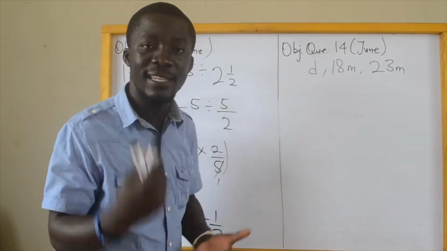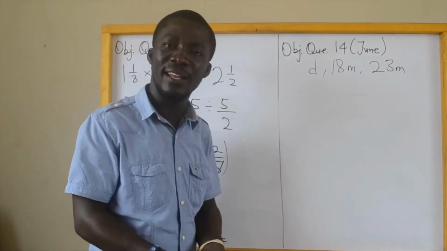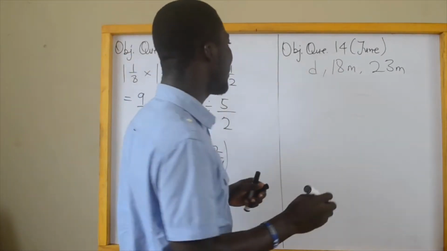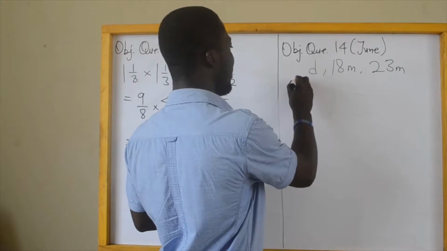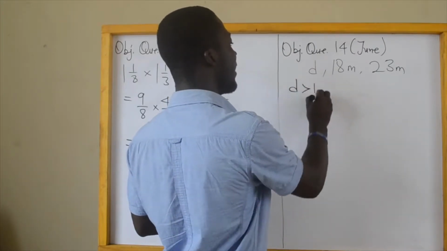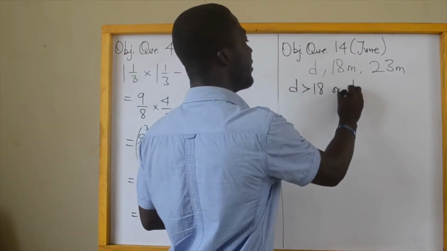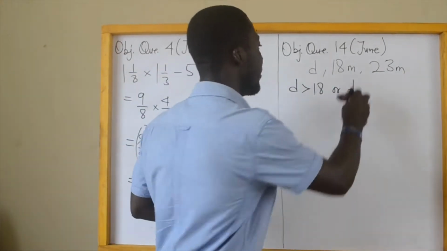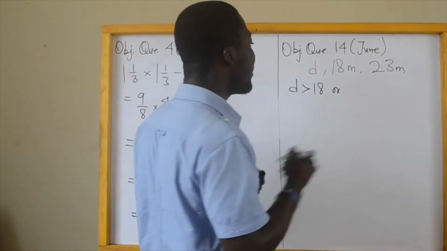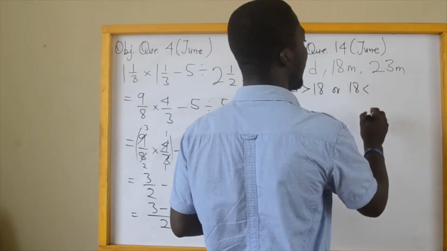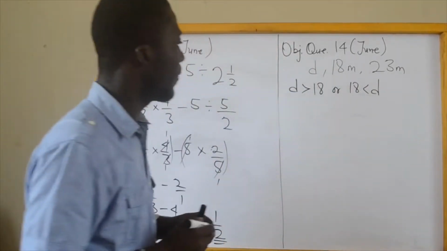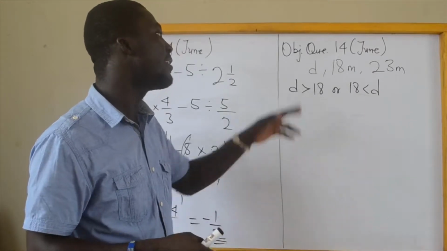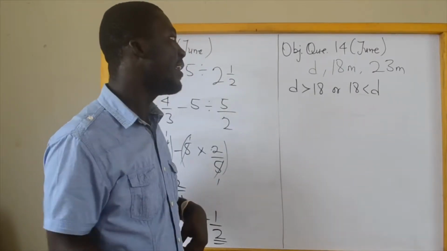If the question says that we should find an inequality which is more than 18, we can get d is greater than 18, or 18 is less than d. All this represents the inequality saying that d is greater than 18.